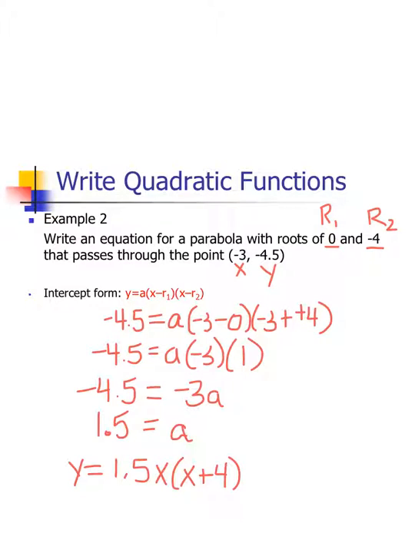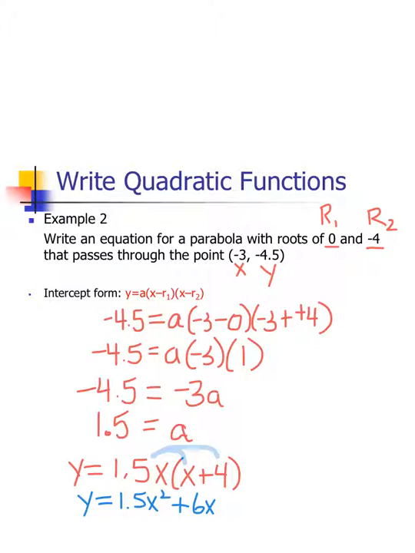Now let's say that they wanted to know what it is in standard form. Well, in standard form, what you would do is take that and distribute this through. And so you would end up with y equals 1.5x squared, and then 1.5x times 4 would just give you 6, so plus 6x.